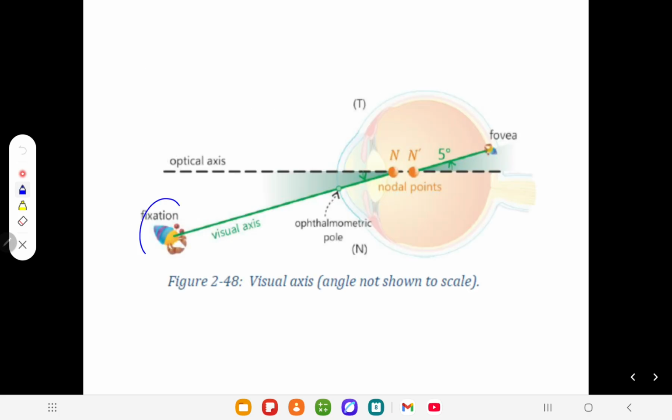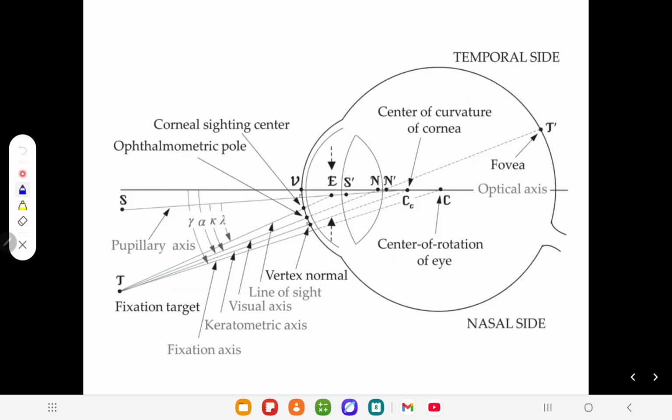So the visual axis goes from the fixation point to the fovea, but it has to go through the nodal point. From this picture also, from the fixation point it passes through this and through the nodal point to the fovea. This is what you call the visual axis.